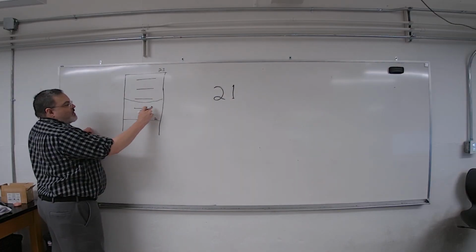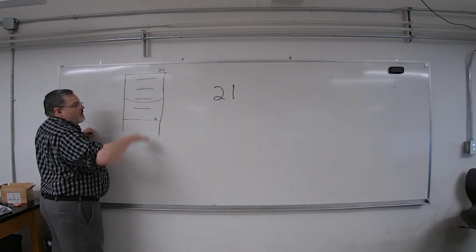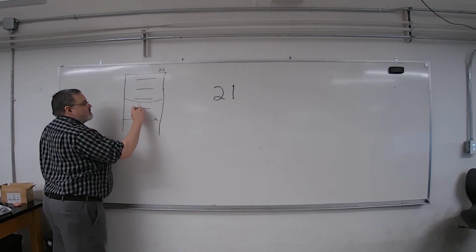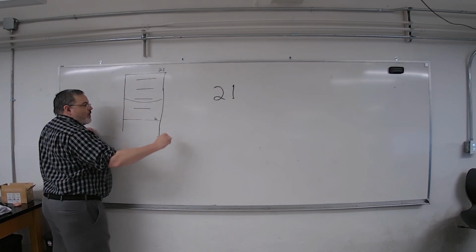So 21 is not written on there, but you infer from the scale by looking at the whole scale. That's 20, that's 21, that's 22, so we're at least 21, so we write down 21.